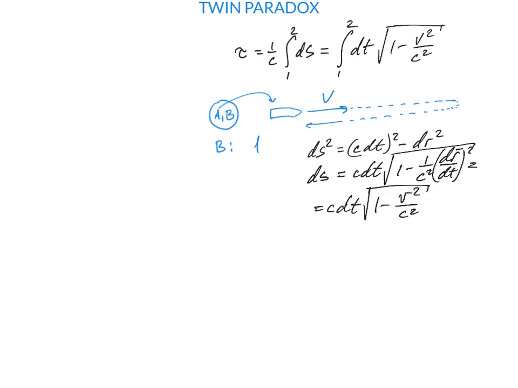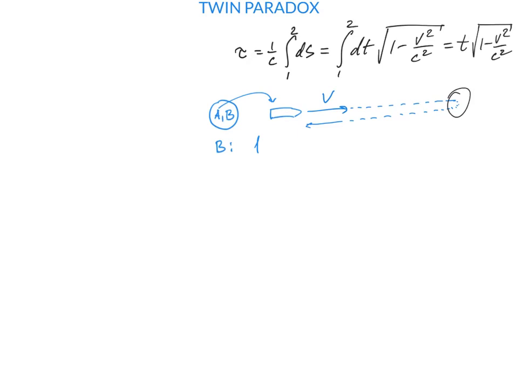Now, with the exception of short time periods at the beginning of the journey and near the crossing at the end, the velocity is constant. So if the acceleration happens quickly, it does not contribute anything to the interval. And then v is just a constant number. We can take it outside of the integral, and we'll find that this is equal to t square root 1 minus v squared over c squared.